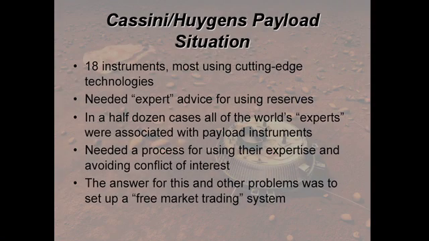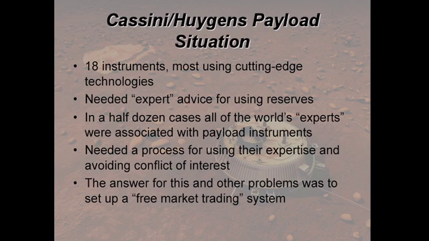The situation was as follows. We had 26 investigations, 18 instruments, a dozen of them on the orbiter, 6 on the Huygens atmospheric probe. And most of these things involved cutting edge technology of some sort or other. And from one instrument to the other, the technologies were all different.